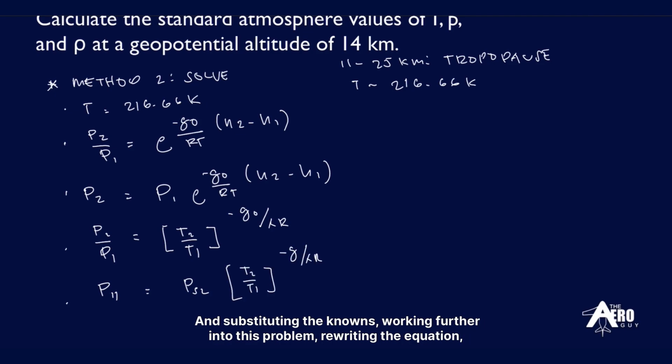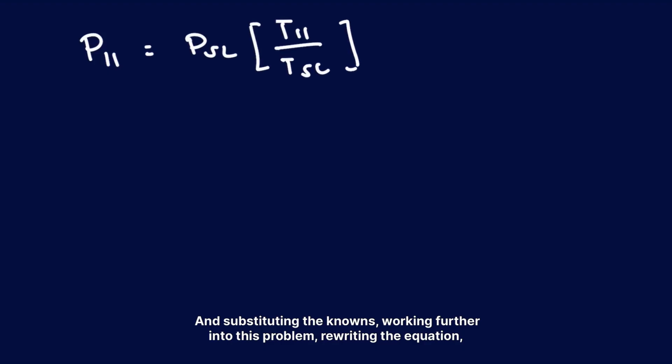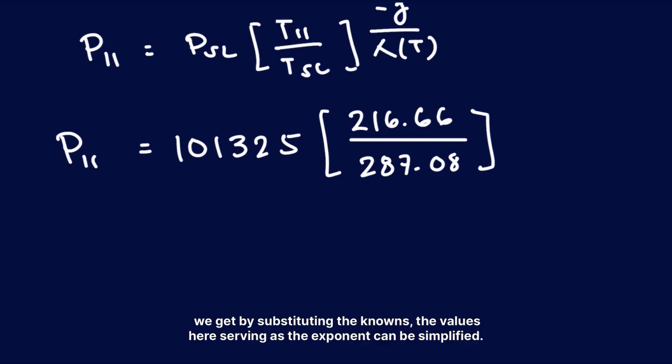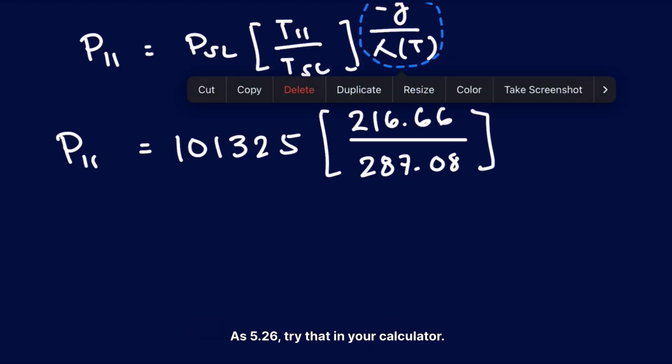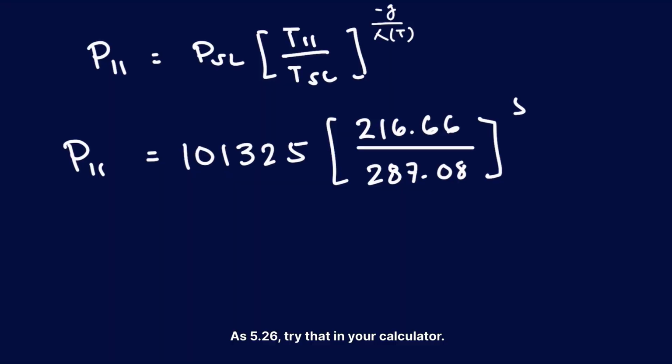Substituting the knowns and rewriting the equation, the values serving as the exponent can be simplified as 5.26.